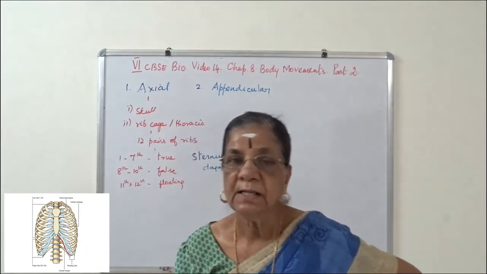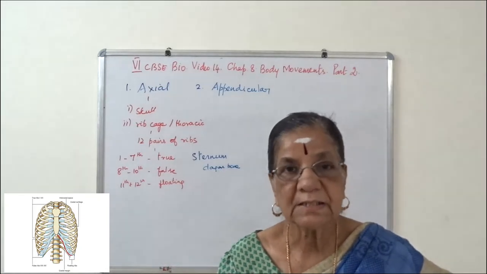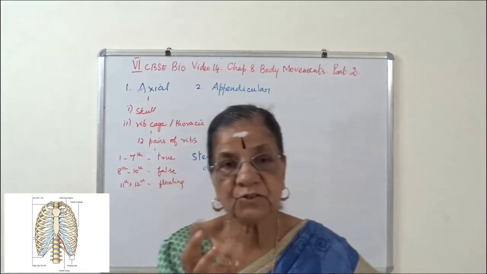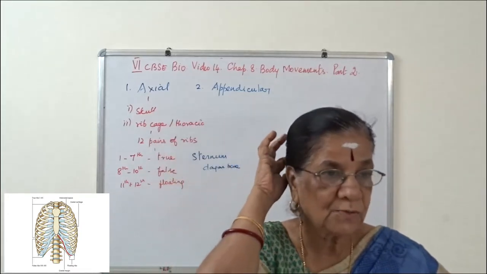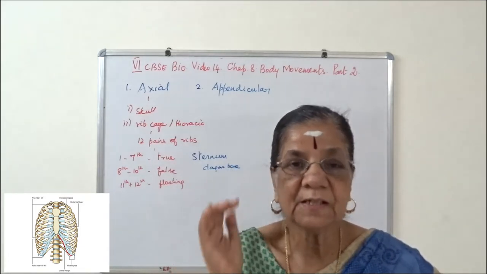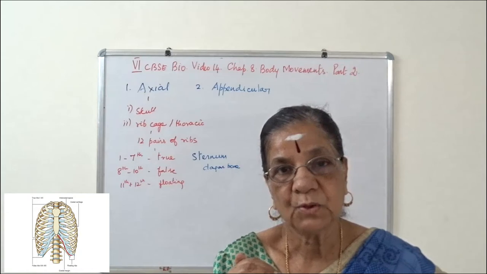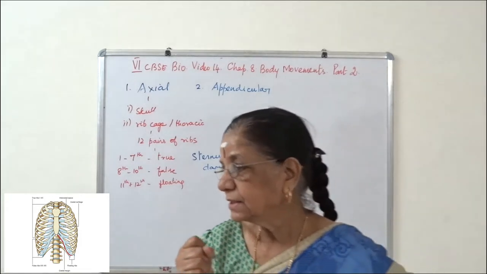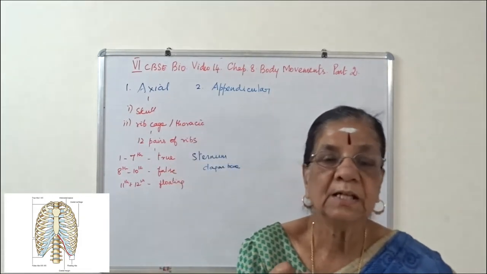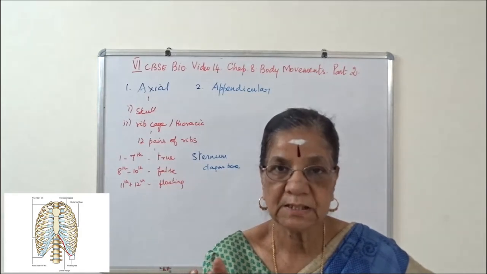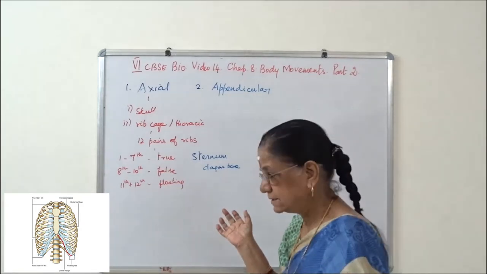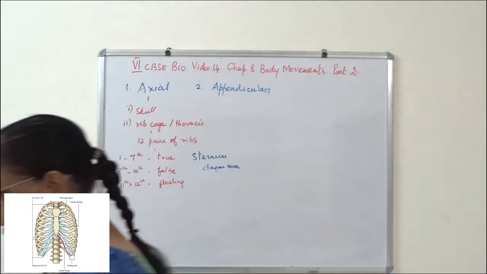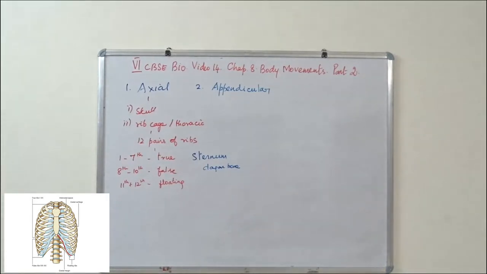In the same way, during exhalation, the internal intercostal muscles contract. This shows the coordination of the muscular and skeletal systems. I hope you follow. That is what this thoracic cage is doing in movement. That is the main function. I hope you understand this.